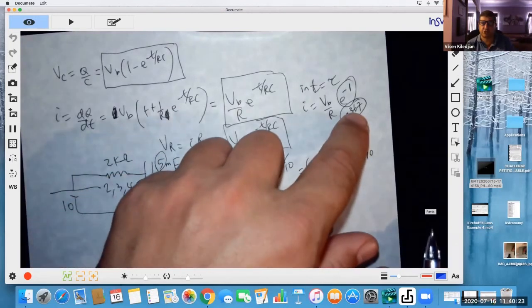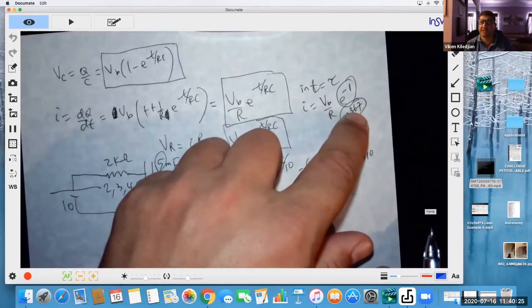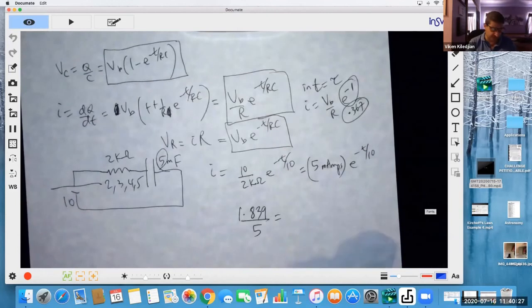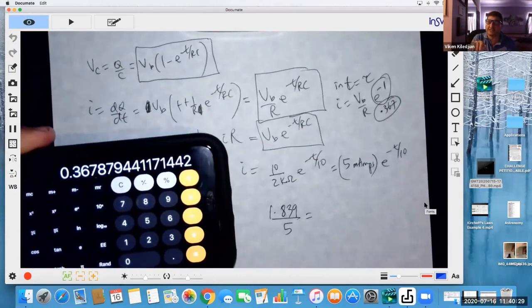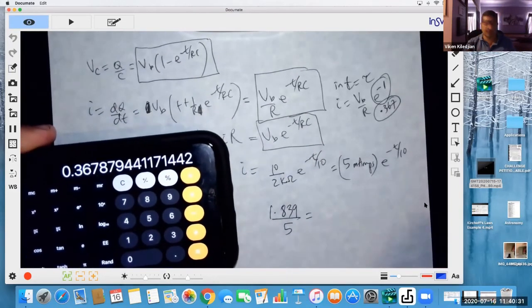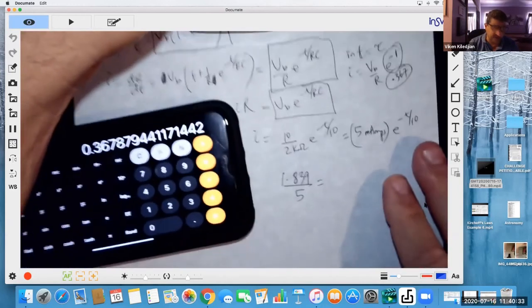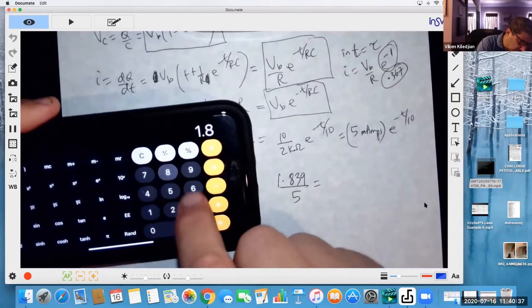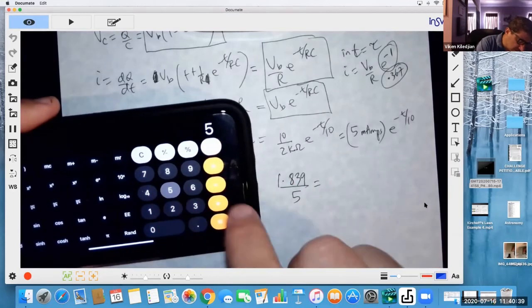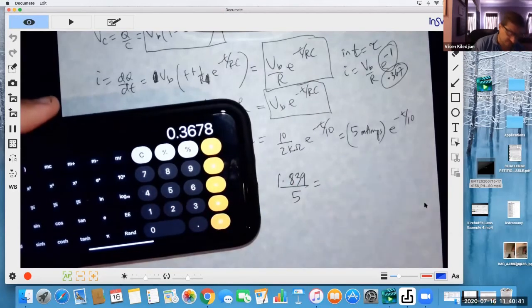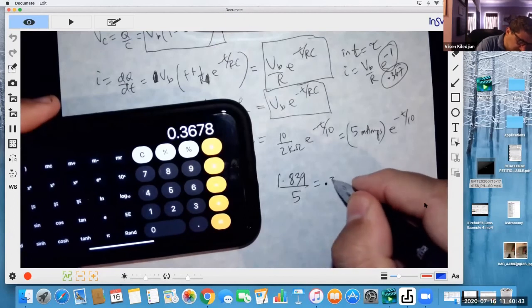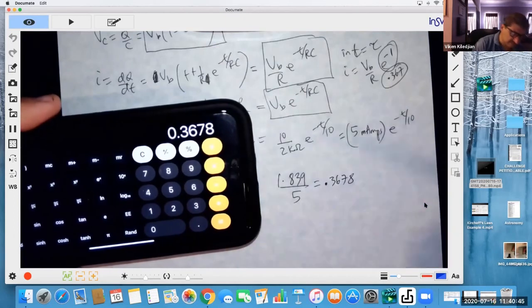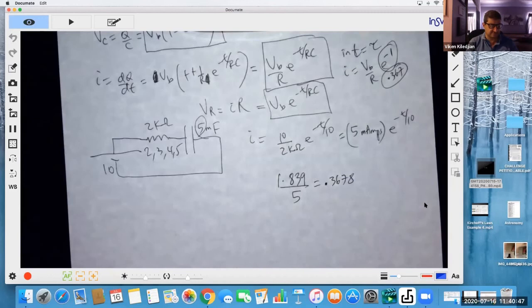Well, if this is true, it should be 36.7%. So in one time constant, the current should decay to about 36% of its value. 1.839. There you go. Nice.